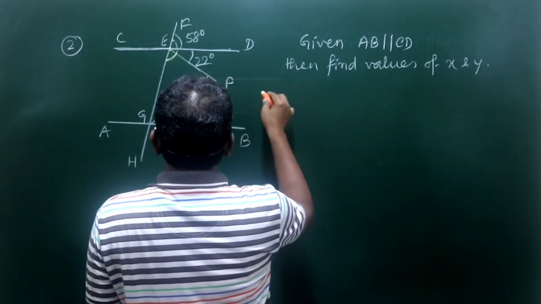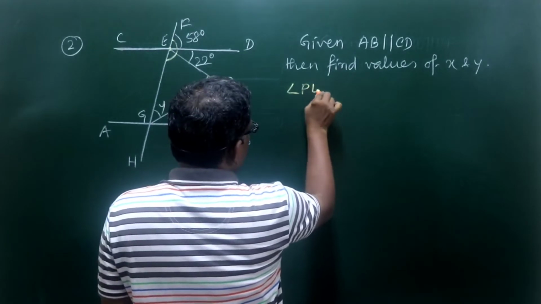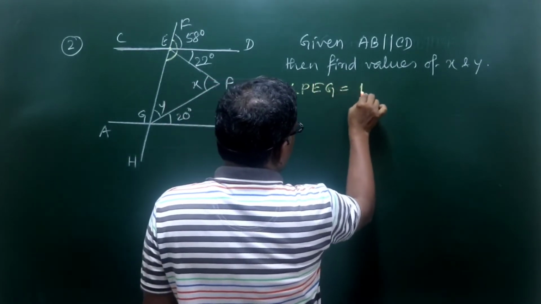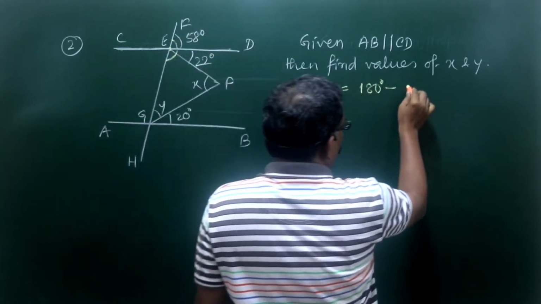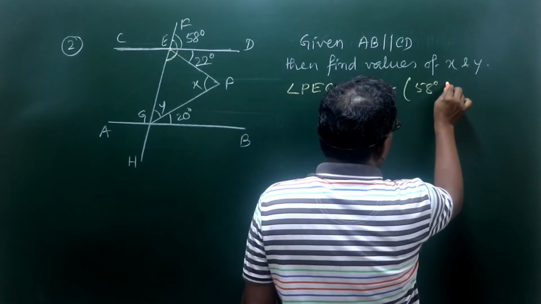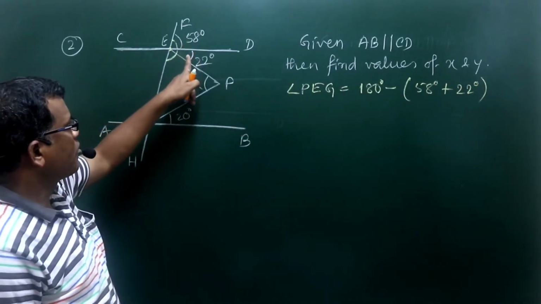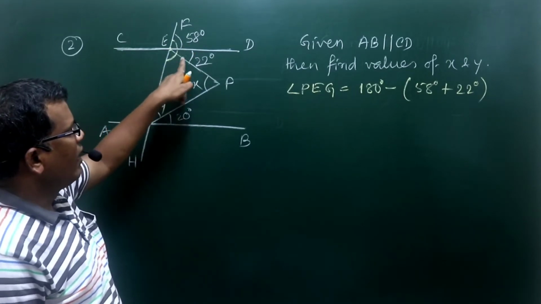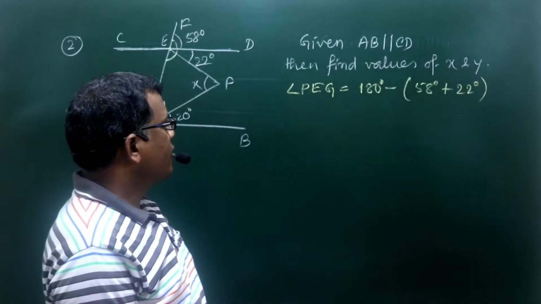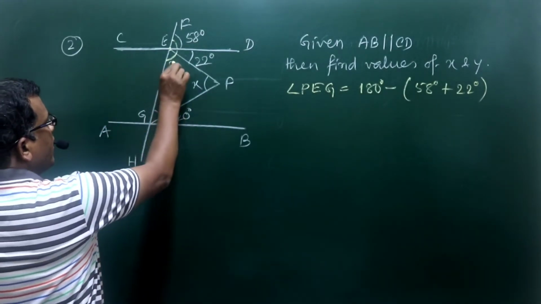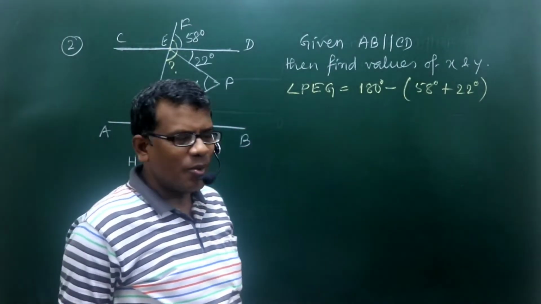So therefore, can I write down angle PEG as 180 degrees minus the sum of these two angles, that is 58 degrees plus 22 degrees, because 58 plus 22 plus this angle, the sum of these three angles will be altogether 180 degrees. So I can write it as 180 minus (58 plus 22).